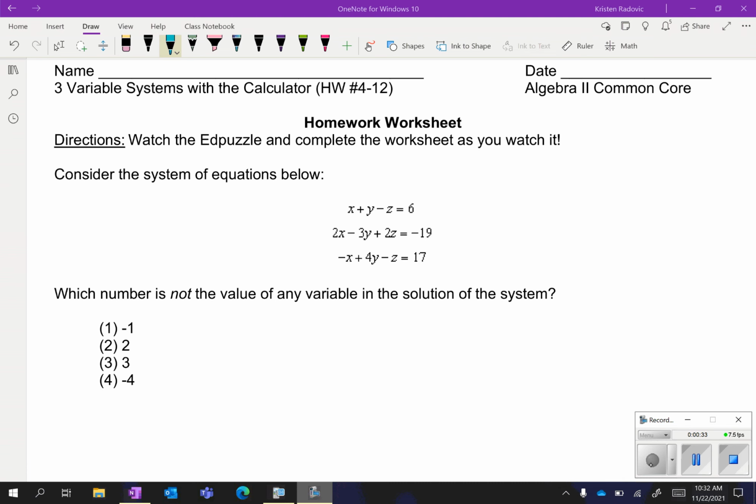So a matrix is just an organized way to display all of our data. In order to put this into a matrix, first of all, I'm going to create bars because all matrices are contained in hard brackets. And in order to get into a matrix, we're just going to drop all the variables and keep all of the coefficients. So my coefficients for the first equation are 1, 1, -1, 6.